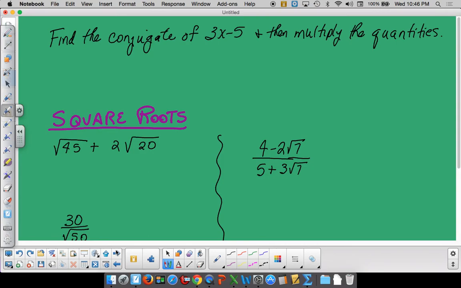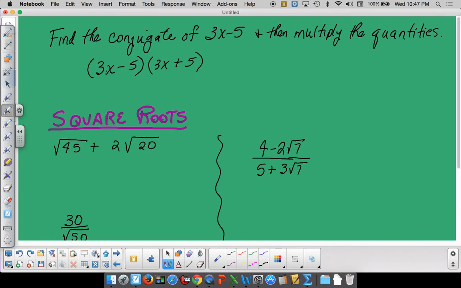We didn't actually use it that frequently with this type of problem, but we actually used it for this problem down here on the bottom right. But we'll talk about it here as well. If you'll recall, a conjugate is nothing more than taking the exact same binomial you've got and changing only the sign in the middle. You don't change the sign on the first term, you only change the sign in the middle. So 3x plus 5 is the conjugate of 3x minus 5.